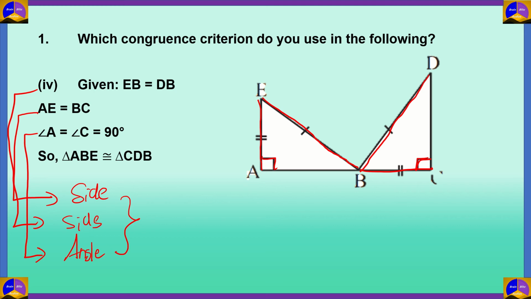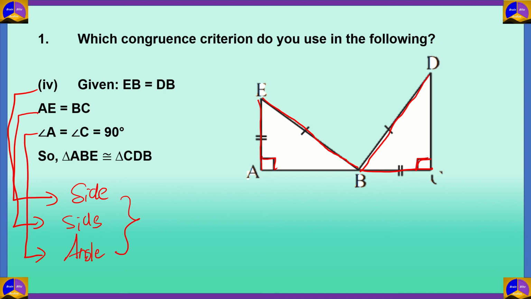Now since one of the angles of both of these triangles is 90 degrees, both of the triangles would be right angle triangles.